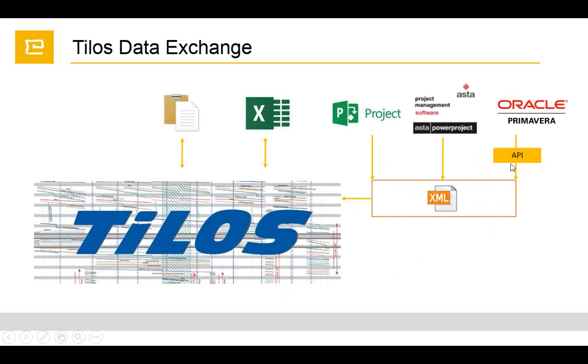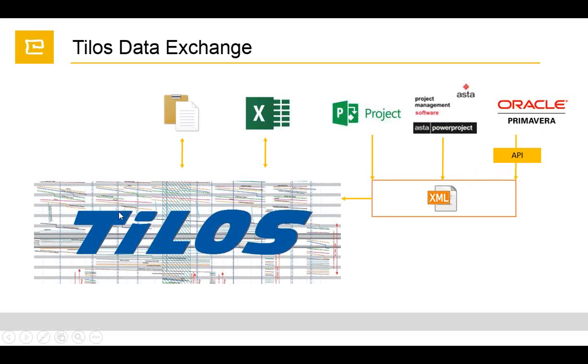From the progress point, if you are already progressing in Primavera and you would like to import the progress into Tilos, we can only consider the percentage from Primavera. We cannot bring the distance values from Primavera, so we recommend you use the distance-based progress values from Tilos.